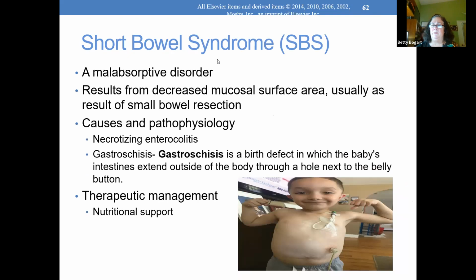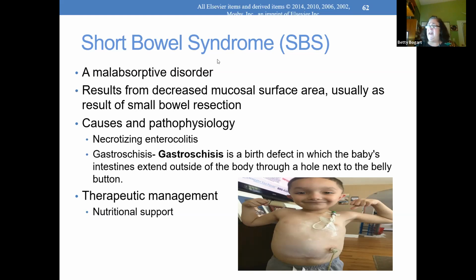Short bowel syndrome is when, for some reason, the bowel is too short. One of the things that can happen, and we see it a lot, especially in high-risk newborn infants, is that they've had a hypoxic episode, and this has caused some hypoxia to the intestines.